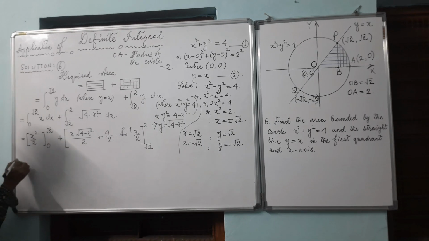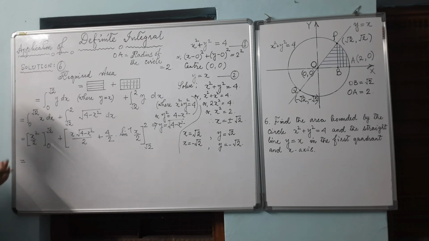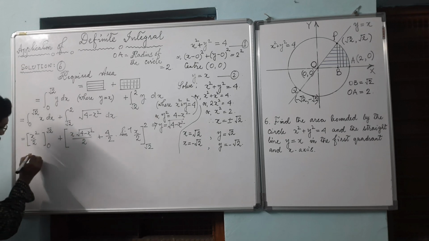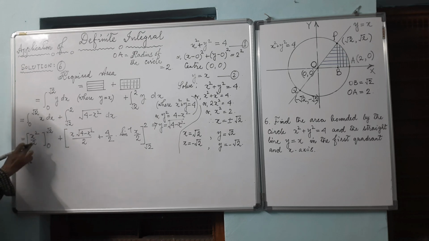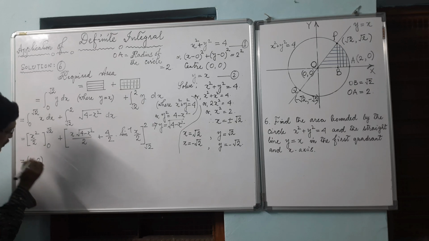Now it is the best time to substitute both the limits in both the cases. Here root 2 whole square means 2 by 2, which gives 1, minus 0 square by 2, that gives 0.